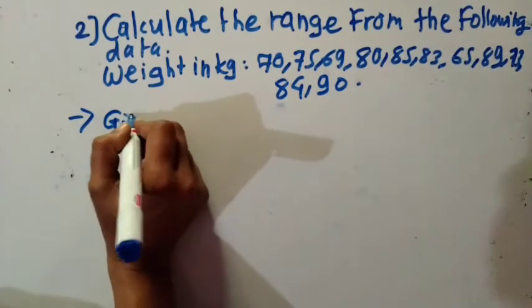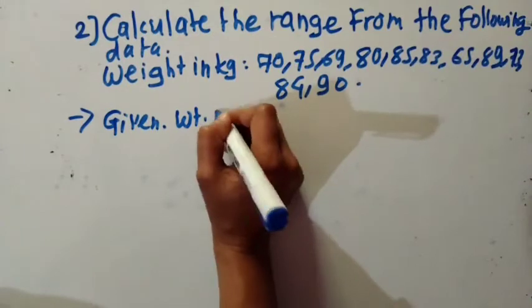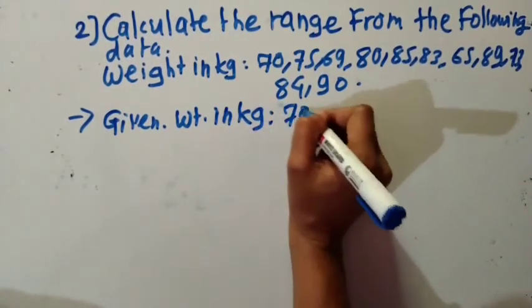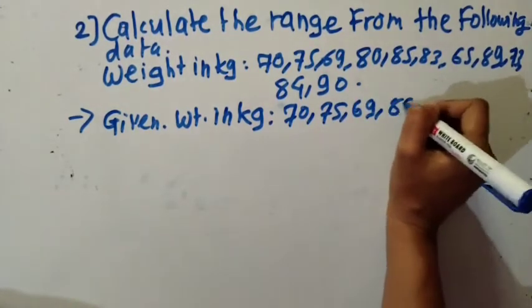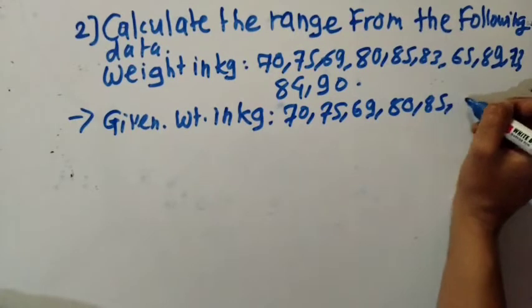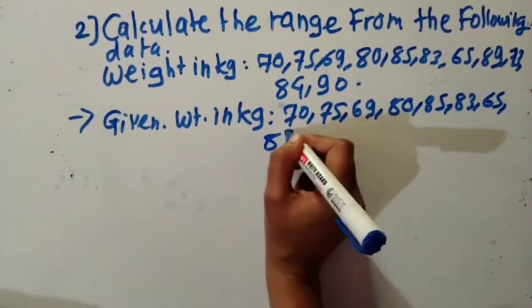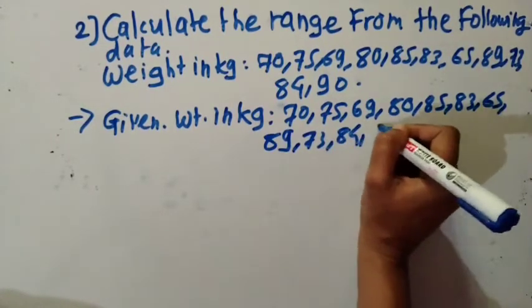So first, upon given that weight in kg, write down all these weights: 70, 75, 69, 80, 85, 83, 65, 89, 73, 84, 90.